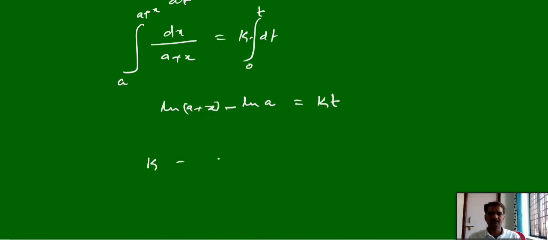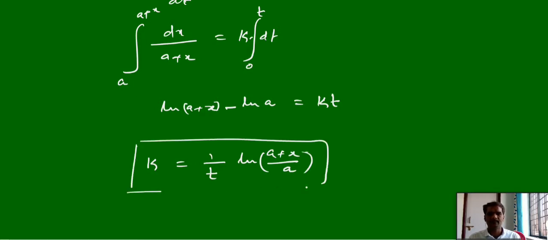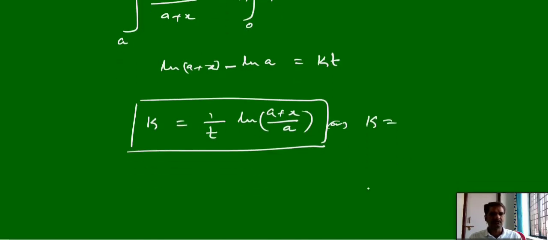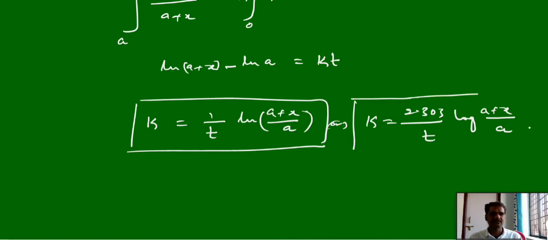From this, k is equal to 1 by t into ln of (a plus x) by a. Or you can write it like this: if you change the logarithm base e to base 10, you will get k equal to 2.303 by t into log of (a plus x) by a. Here a plus x means the concentration at a time t, and a means the initial concentration.